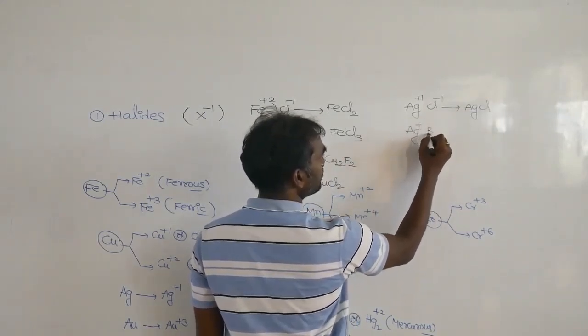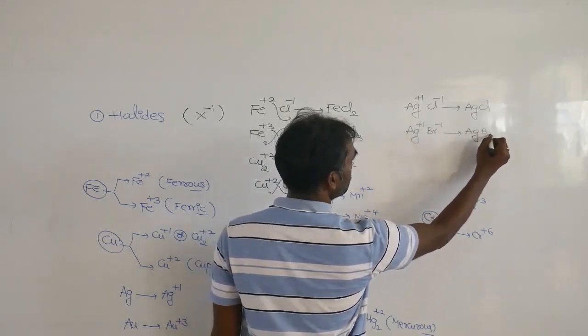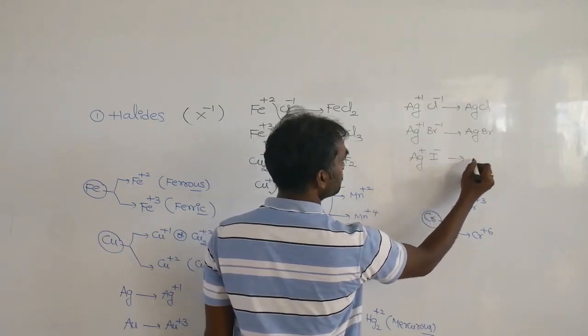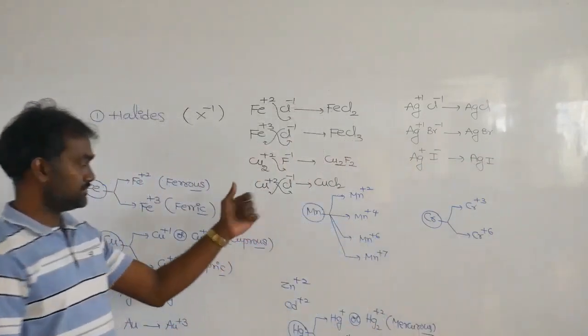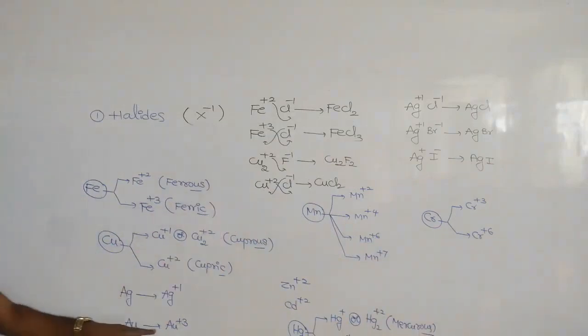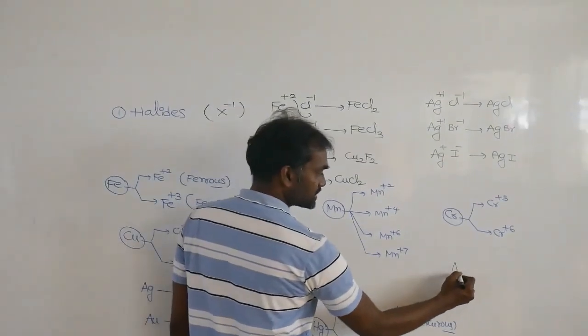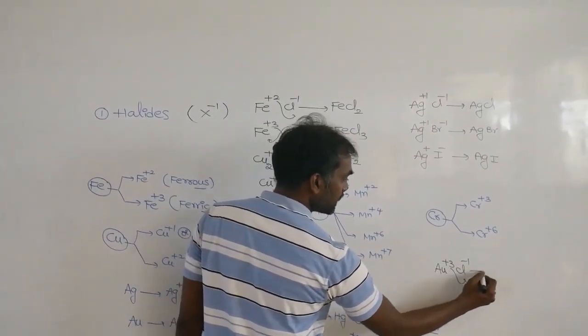Ag plus, Br minus 1, so silver bromide. Ag plus, I minus, silver iodide, AgI. Next, gold chloride. Gold oxidation state is plus 3, Cl is minus 1, 3 is coming here.